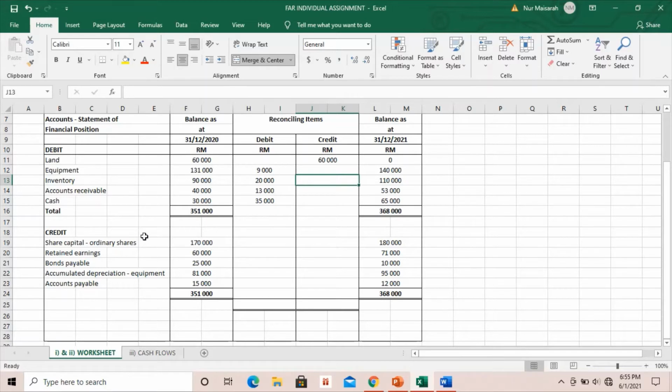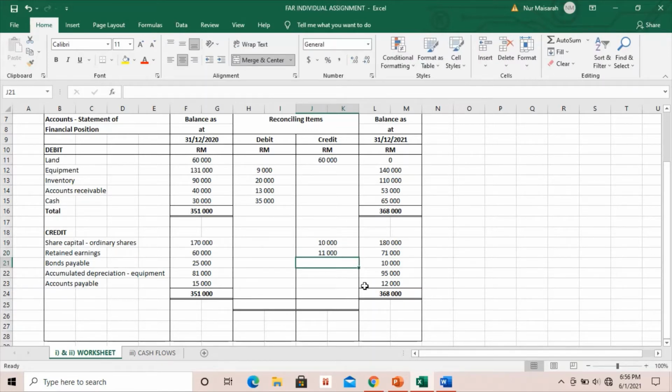So for share capital ordinary shares, 170,000 minus 180,000, we will get 10,000 and it will be on the credit side. Next, for retained earnings, 60,000 minus 71,000, we will get 11,000 at the credit side.